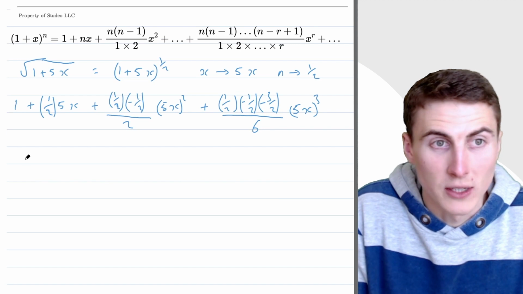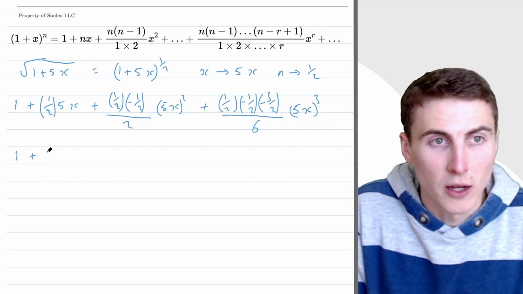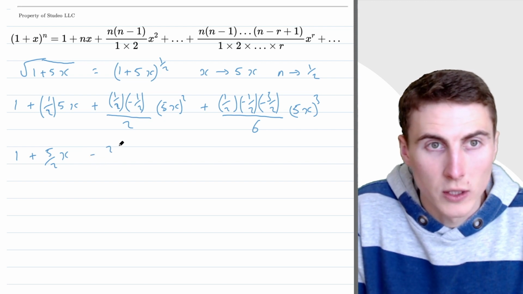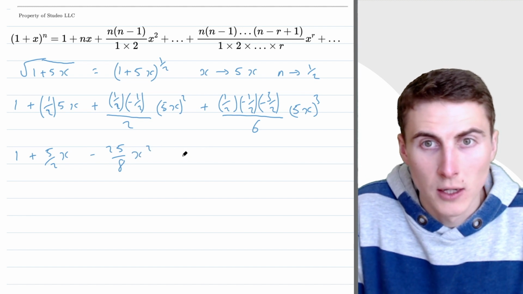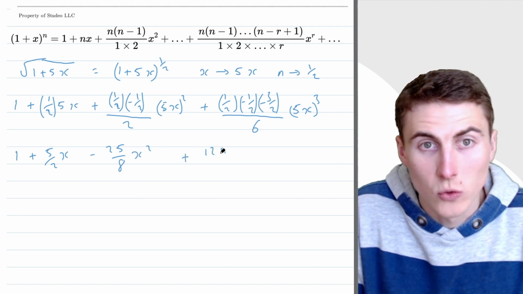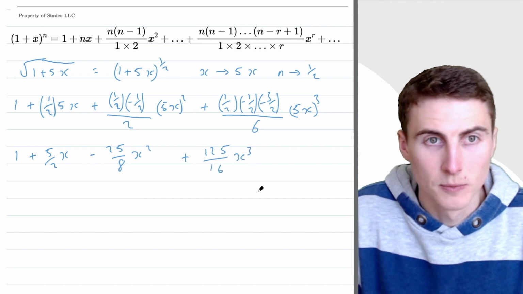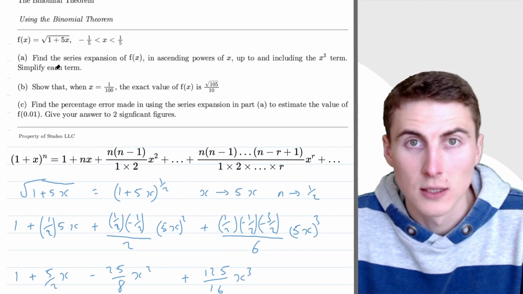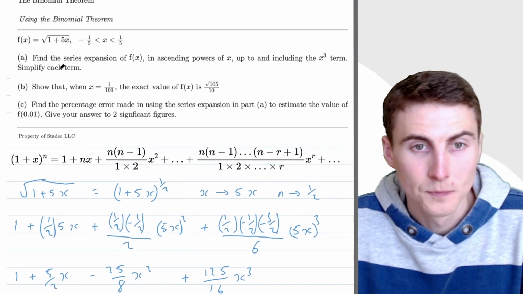And I would just do this on a calculator if I were you. So we're going to have 1 plus 5/2 x, and this one's going to be minus 25/8 x squared, and this one's going to be plus 125/16 x cubed. So we've now got our expansion, and that's part A all done.